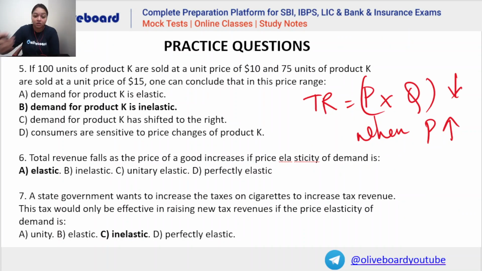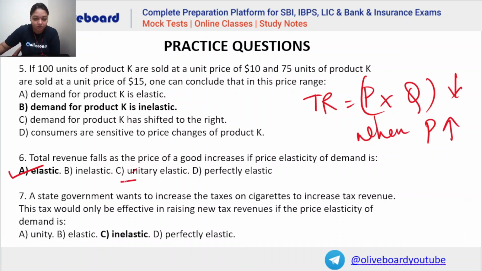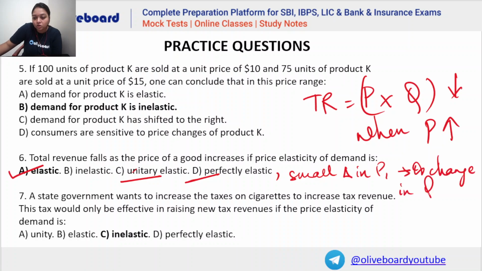So this is very classic, that price has an effect on demand. So we say that demand is elastic. We can't say it is inelastic or perfectly elastic because we don't know the value, right? It's not unitary elastic because they are not telling us the percentage values. So we can only say that it is elastic. Don't get confused between unitary elastic and perfectly elastic. Perfectly elastic means a small change in price causes an infinite change in quantity demanded.